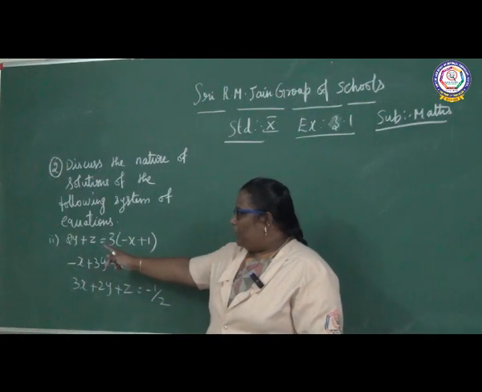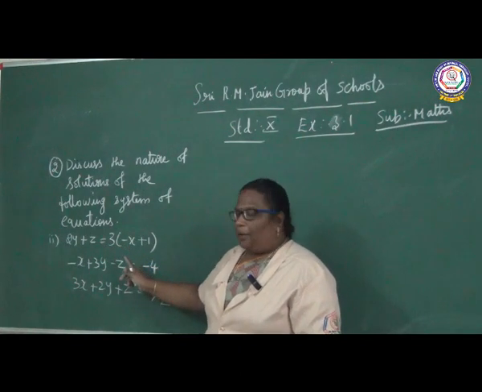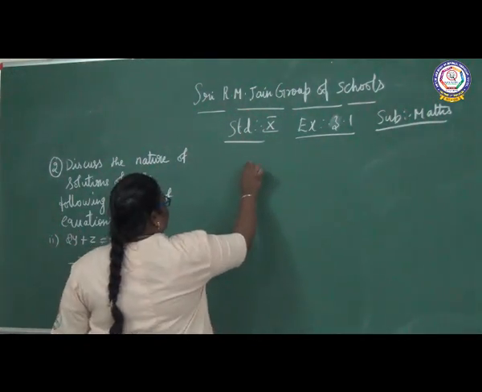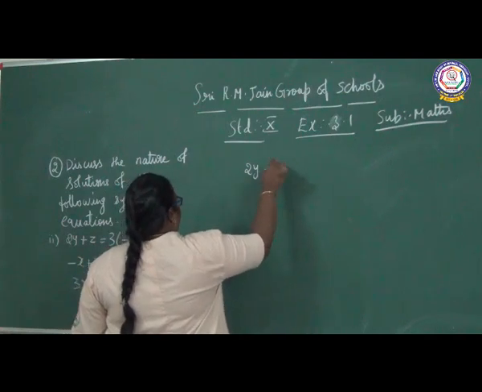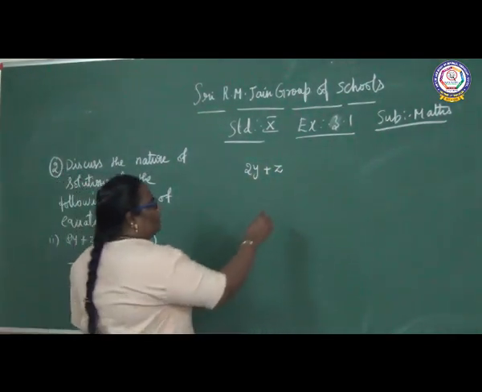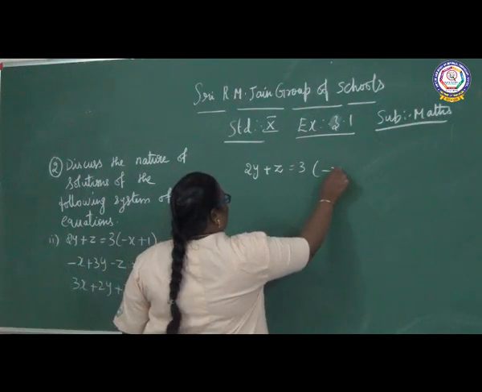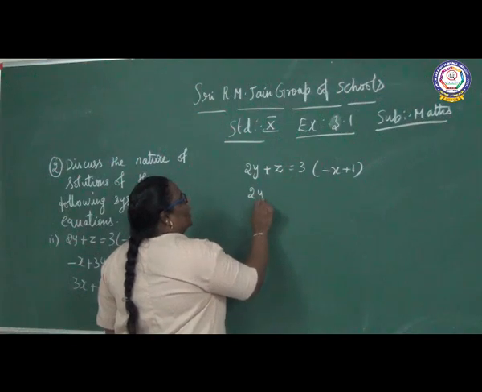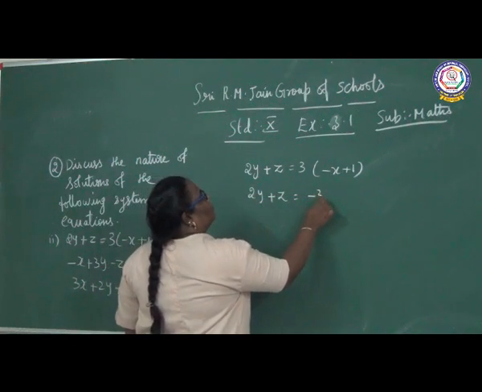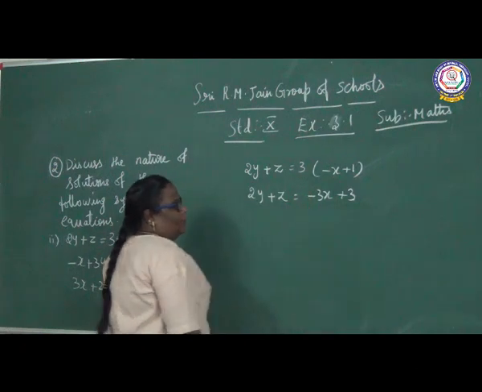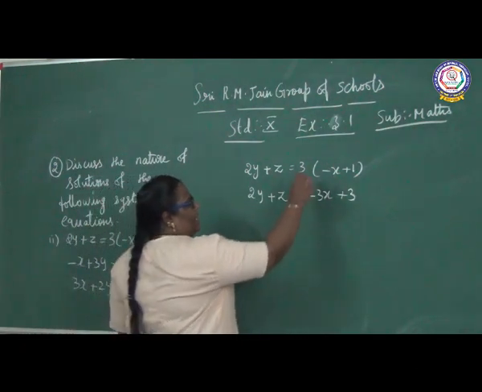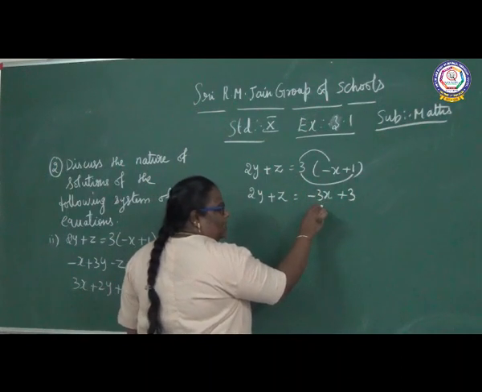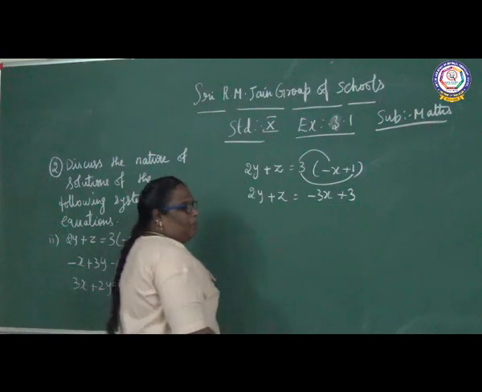Second sum: 2y plus z equal to 3 into minus x plus 1. First we will simplify the equation. 2y plus z equal to minus 3x plus 3. You multiply 3 inside: 3 into minus x is minus 3x, and 3 into 1 is plus 3.